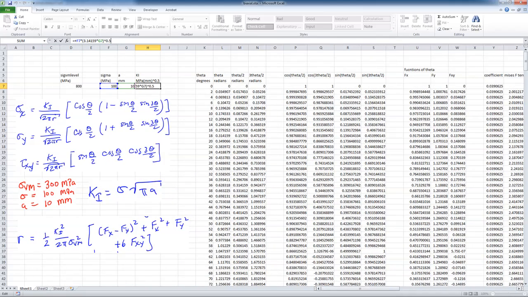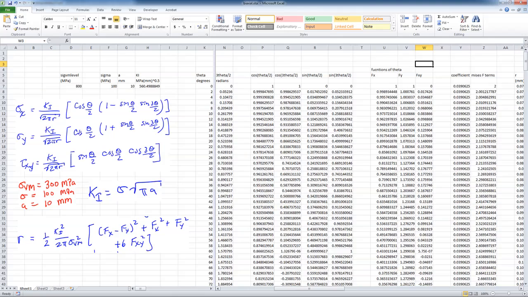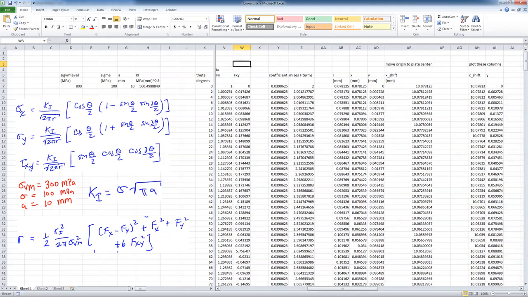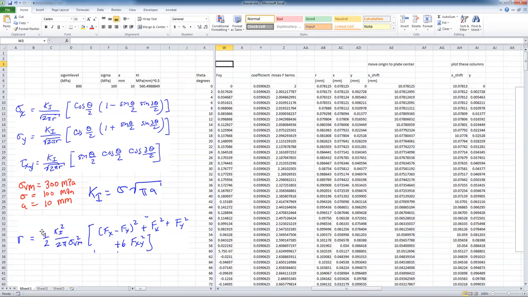Let me drag a partition over here. We need to find our R value. The way I did it was I first did this coefficient term right here. Let's check that out. So I have K1 squared, it's the blue box, divided by 2 pi times the von Mises stress level squared.